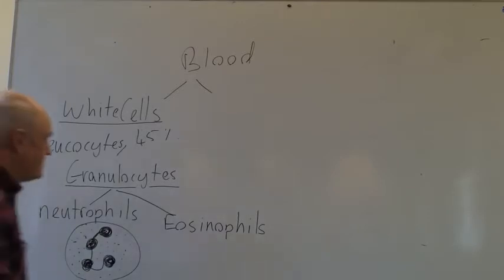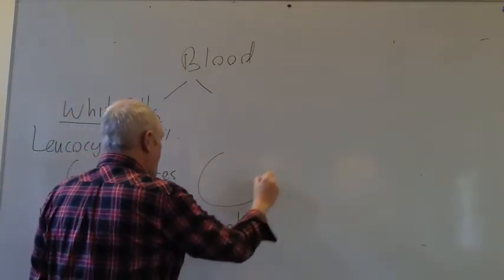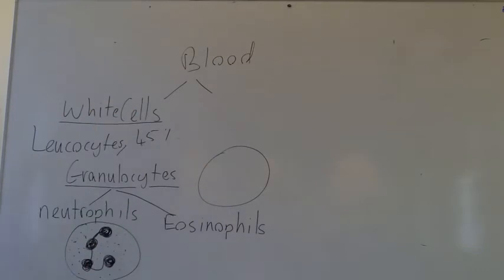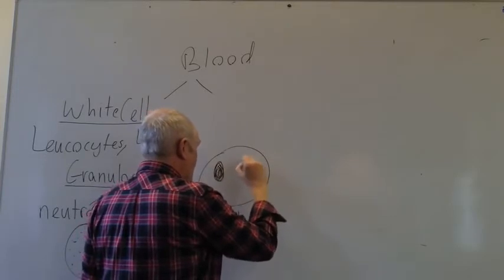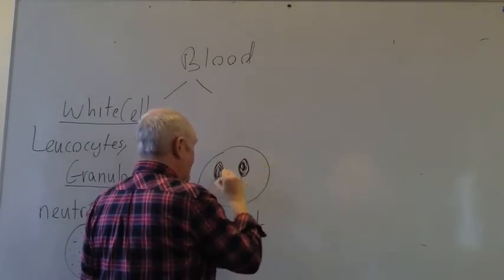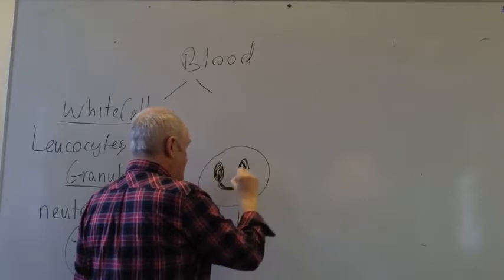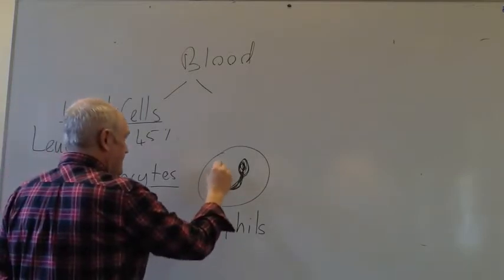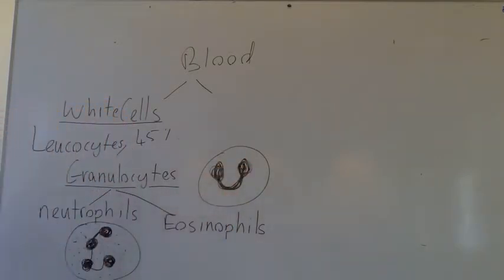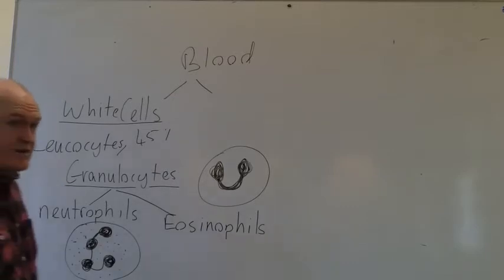And the eosinophils tend to have 2 main lobes in their nucleus, but joined together by quite a thick strand of chromatin that holds the 2 lobes of the nucleus together. That will be an eosinophil. And these have larger granules in their cytoplasm.